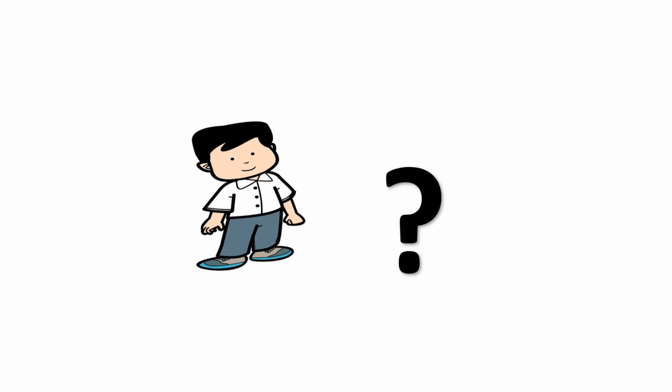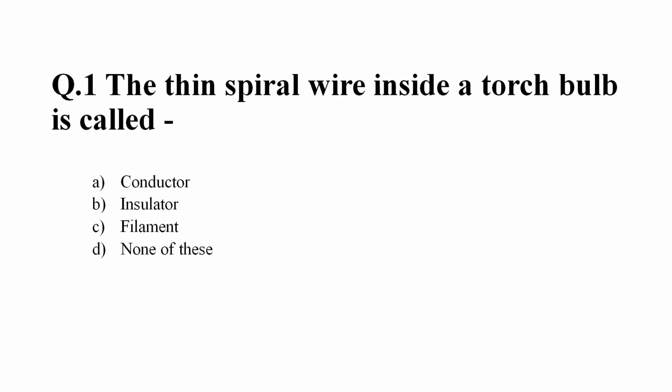Students, now let us revise what we have learned today by solving some questions. Question number 1. The thin spiral wire inside a torch bulb is called option A, conductor, option B, insulator, option C, filament, option D, none of these.